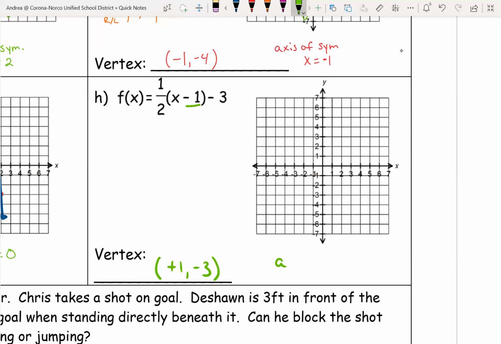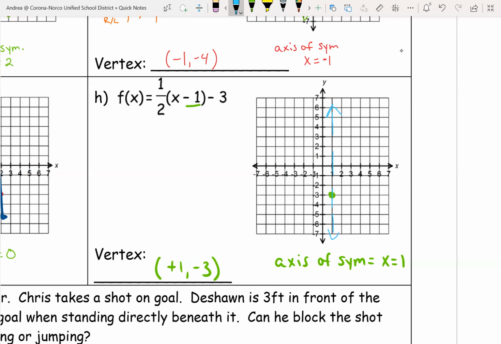And my axis of symmetry would be x equals 1. So I graph where x is +1 and y is -3. Then my axis of symmetry is right through the center.